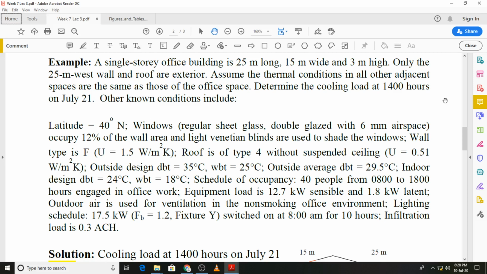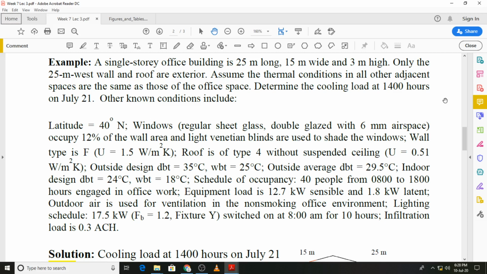We are asked to find out the cooling load at 1400 hours on July 21st, and there are a number of other pieces of information provided for that particular office building, that is its latitude, the types of windows, the size of the window in terms of the percentage of the wall area that they take up, and whether they have shading.